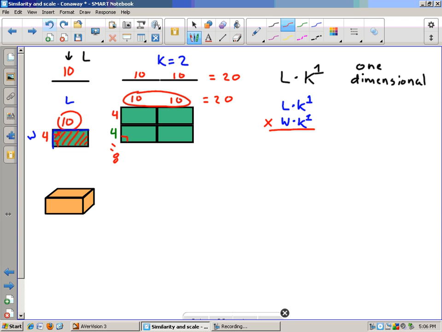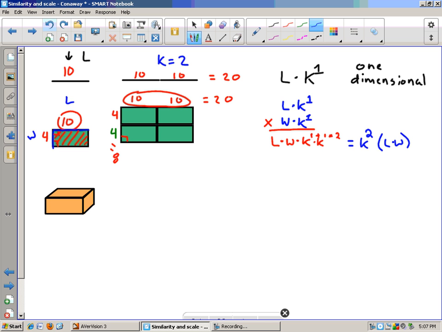Well, I can't really mix the L and the K and the W, but I can just get L times W times K to the 1 times K to the 1. And you guys probably remember that when you multiply like bases, you add their exponents. So I'm going to end up having that the answer is K to the 2 times length times width.